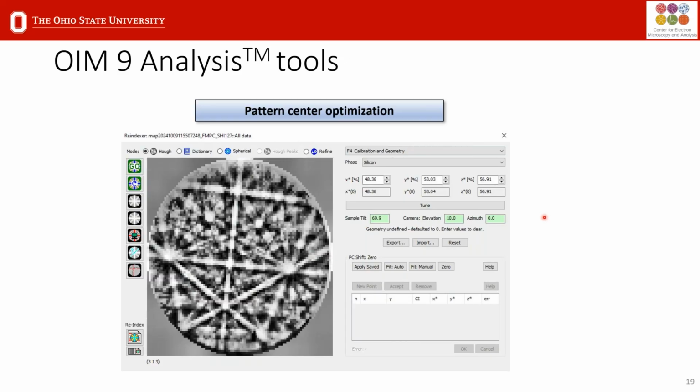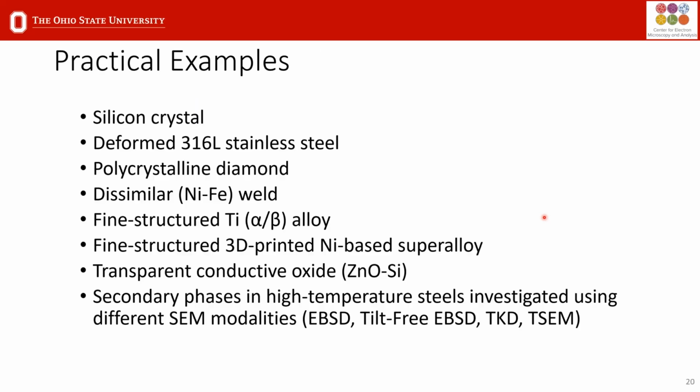That can really influence the angular accuracy, and sometimes, if it's really out, the phase analysis that you get. There are nice tools built into the OIM Matrix software that allow you to not only optimize the pattern center, but also the shift of the pattern center as you scan across large fields of view.